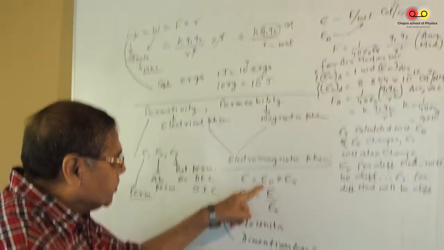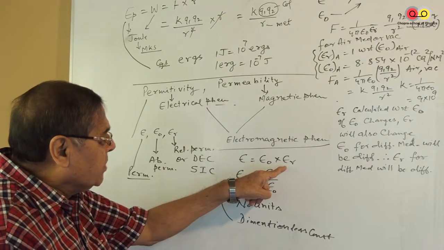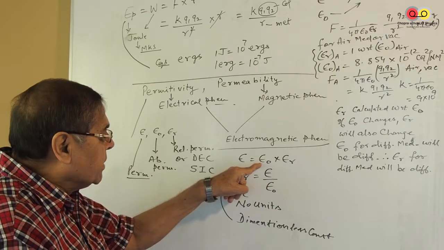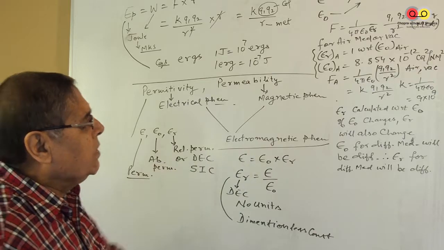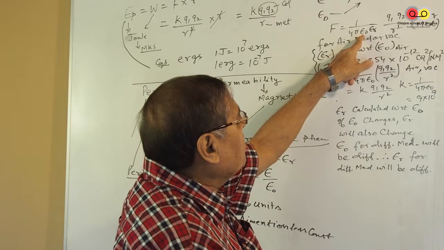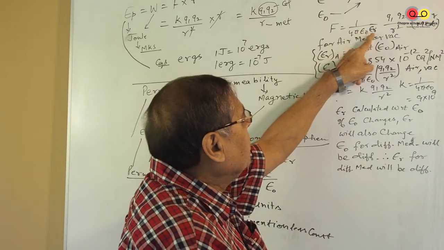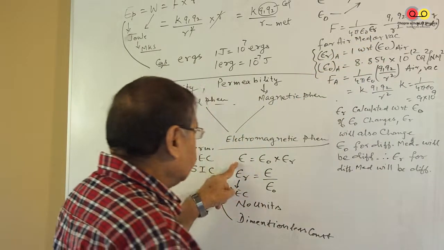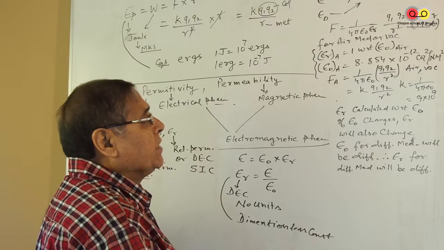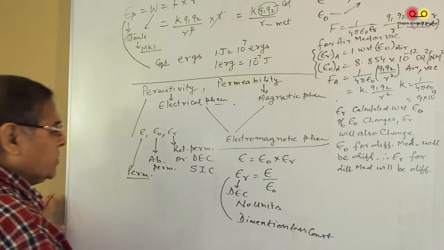So absolute permittivity and relative permittivity, this product gives permittivity. Now see the formula, epsilon naught, epsilon r. We can replace this product by epsilon. So what is the general formula of electrical force?